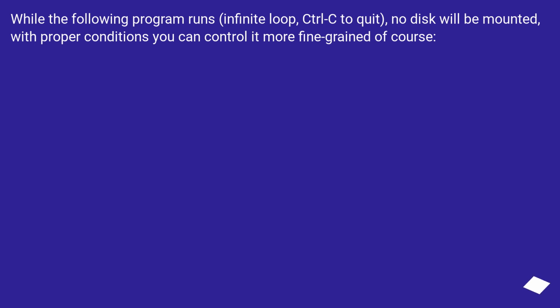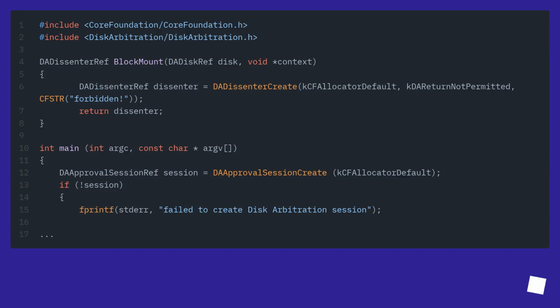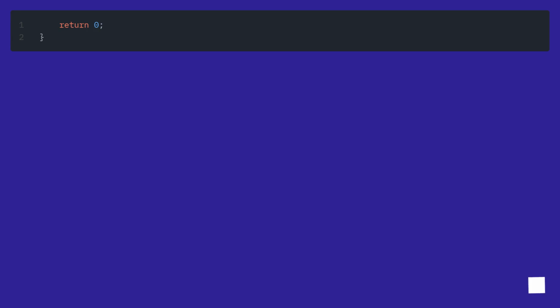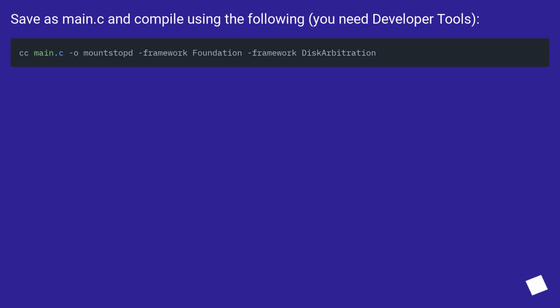With proper conditions you can control it more fine-grained, of course. Save as main.c and compile using the following. You need developer tools.